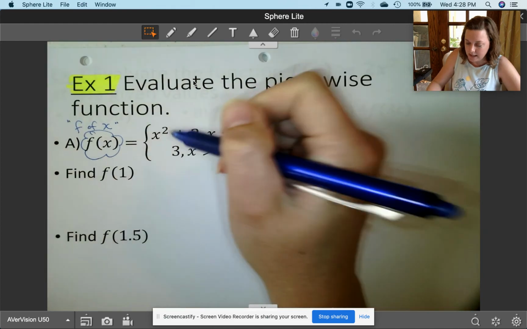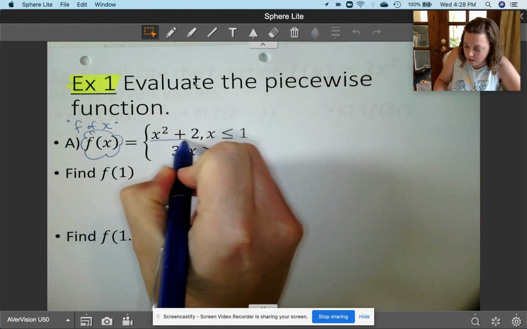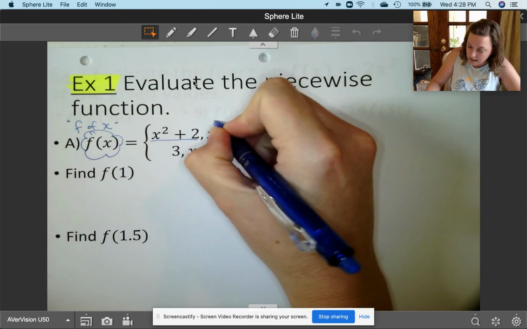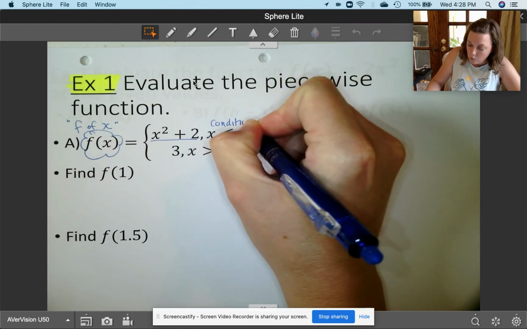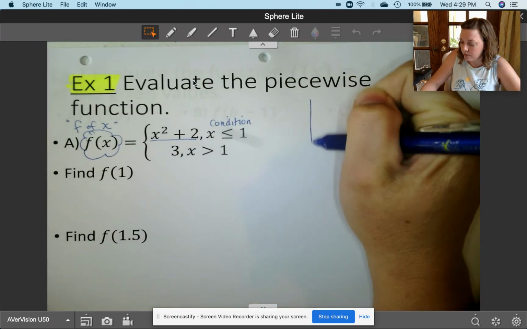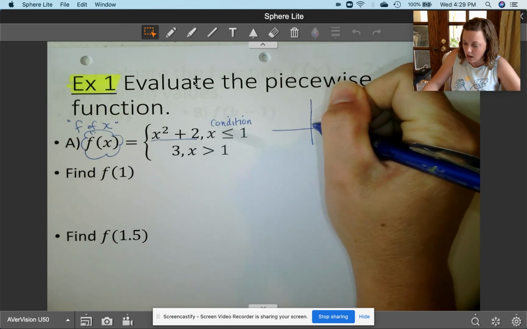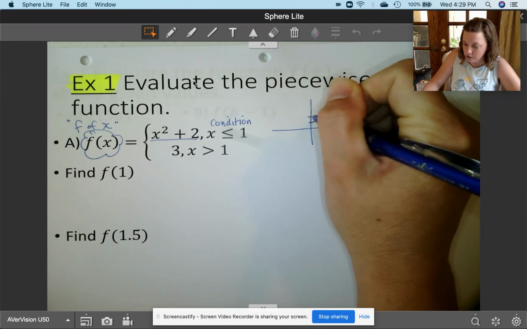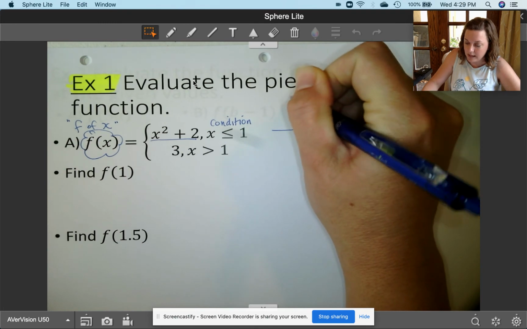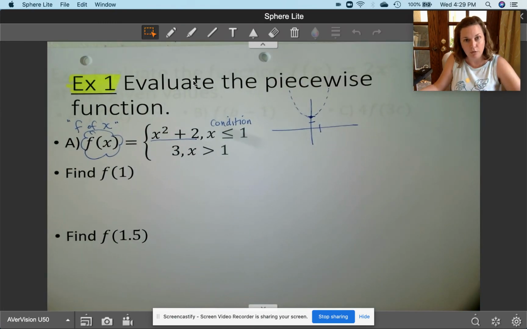So what we have is the function itself here, which is x squared plus 2. We know the shape of that is a parabola, but this is the condition where x is less than or equal to 1. So normally, if we were to graph this, this is a parabola that's been shifted up 2 units. So normally it would look like this kind of parabola shape shifted up 2 units.